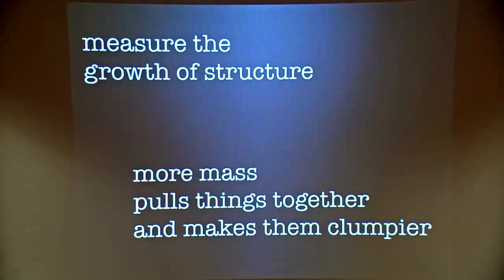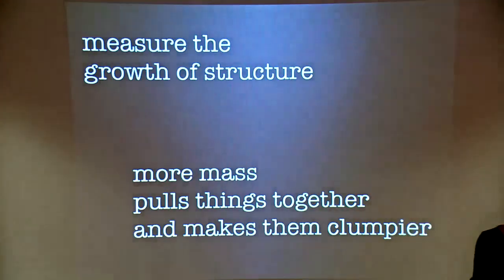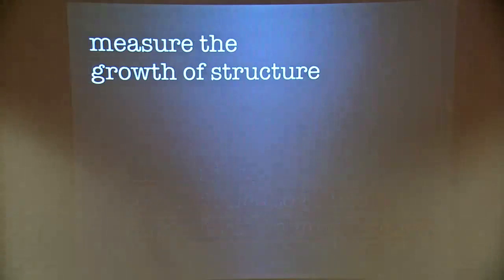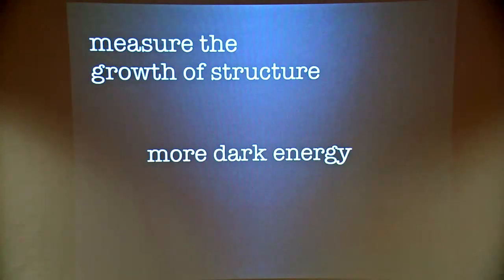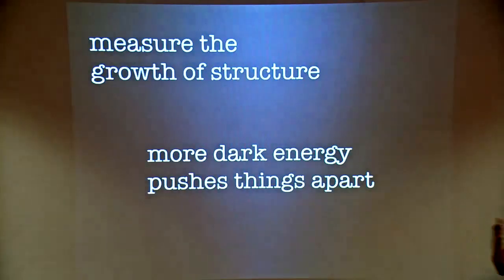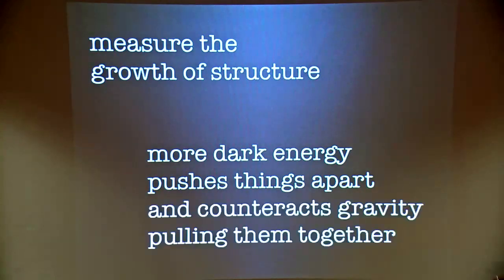So the more matter you have, the faster your universe will get clumpy. You can do this again with dark energy, and ask, what does dark energy do? Well, more dark energy pushes things apart, or stretches space, like we said. And so that will mean that it's essentially counteracting the gravity that's pulling them together. Okay, so what have we learned about this so far?